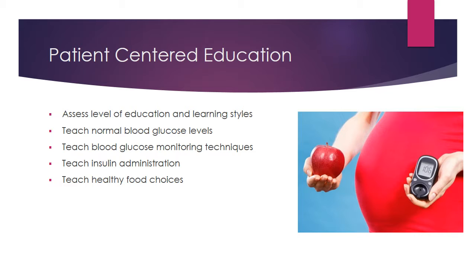For glucose monitoring techniques, we want to teach what the equipment is, how it works, and how to check blood sugars, when to check glucose levels, first thing in the morning, before or after meals, bedtime.